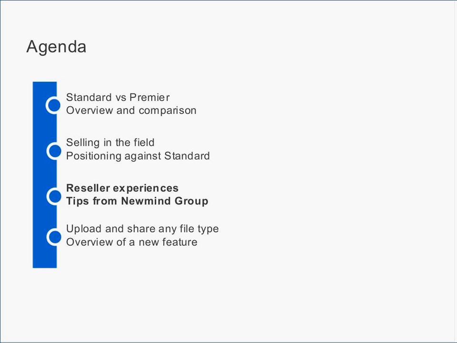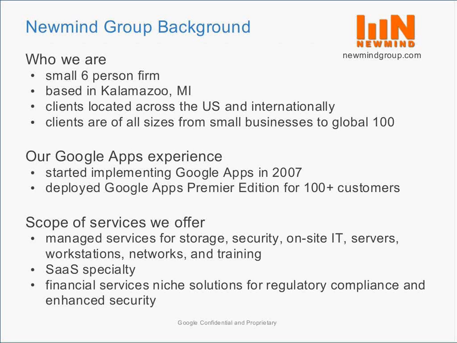I want to talk about just our experiences in selling Premier versus Standard, and I think I'll just jump right in here. Just a little bit of background on us and where we're coming from. We're a small firm.